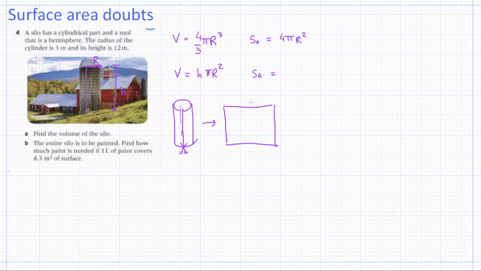Now this length would be the circumference of this circle. So this would be 2 pi r. And this height is the height of the silo. It's the height of the cylinder.